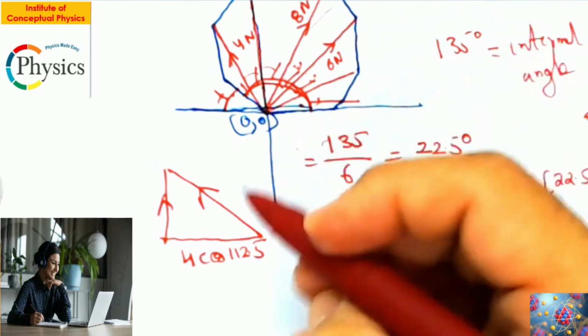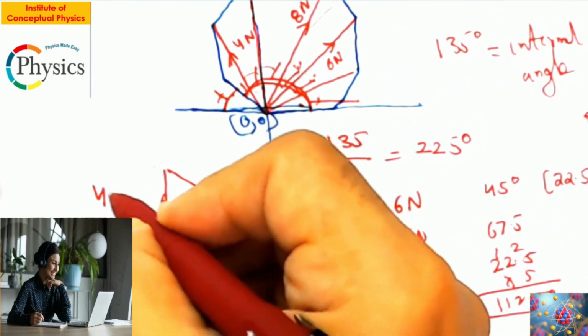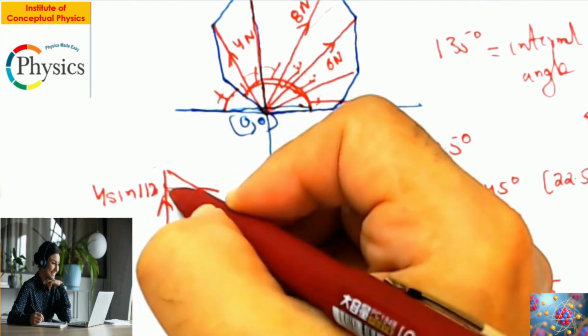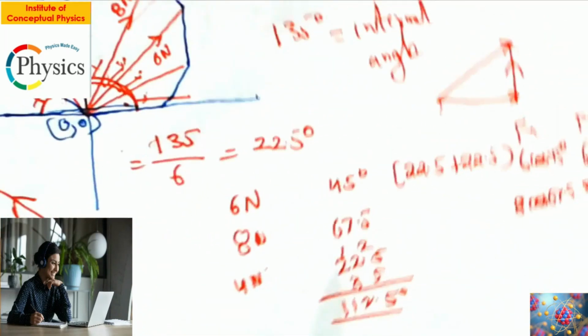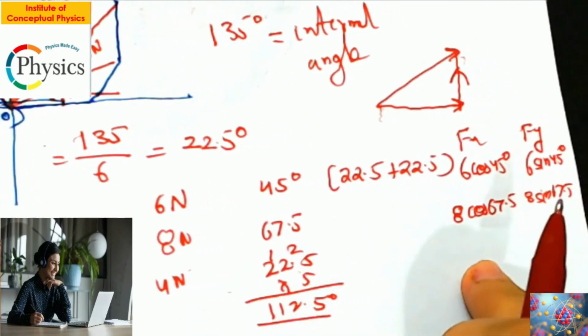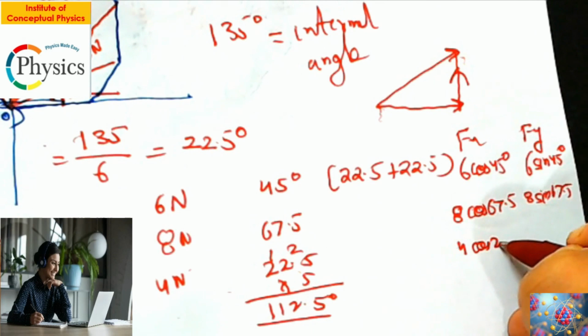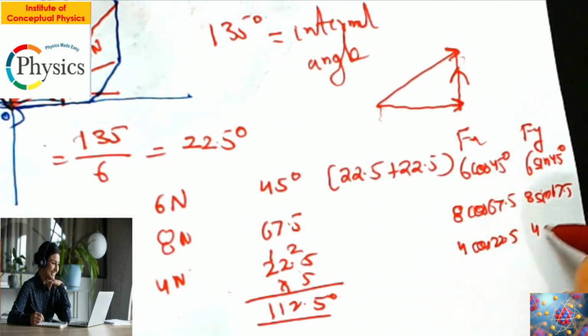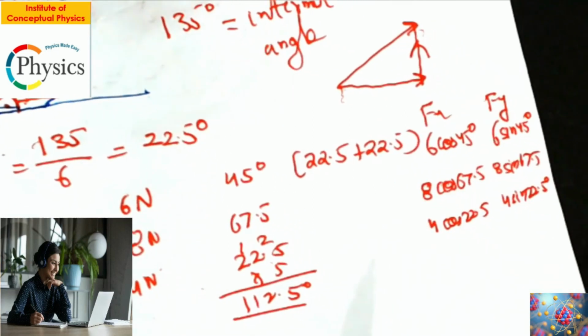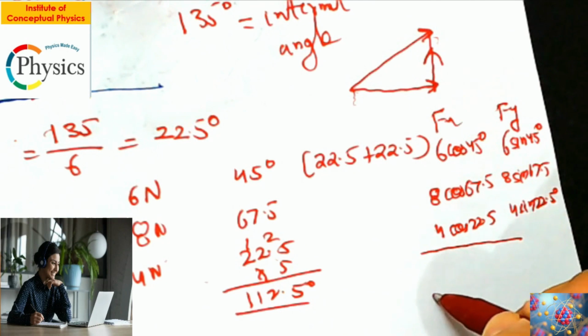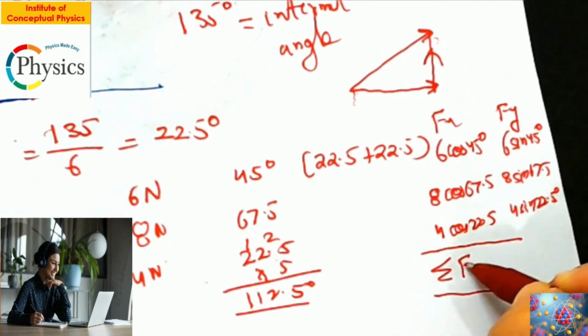It is beyond 90 degrees, and therefore the directions of x and y for 4 newtons are different. I'm writing each of the individual components separately. Now I have broken each of the forces into x and y.